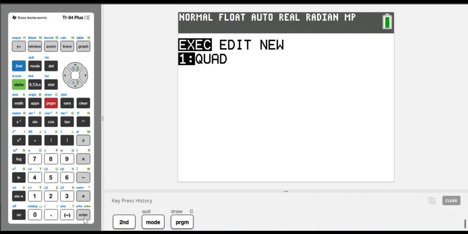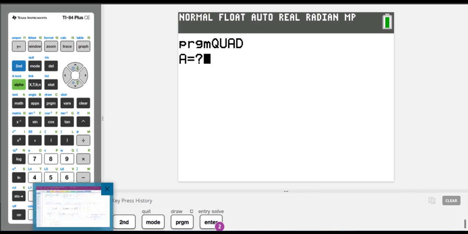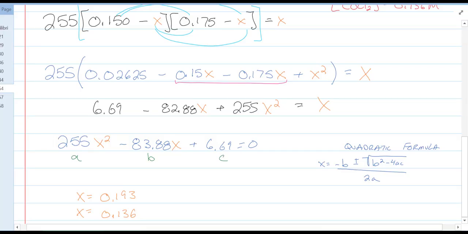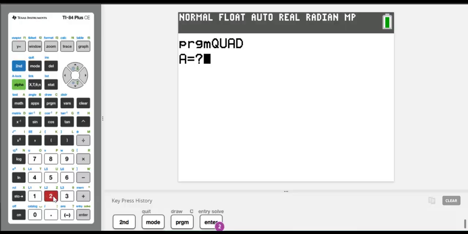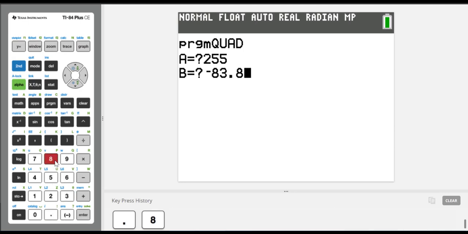Let's do program, execute quad. So I will use the numbers from here, the 255 and the negative 83.88 and the 6.69. So let's try that. A is 255. B was negative 83.88.